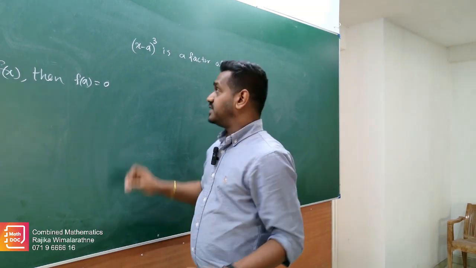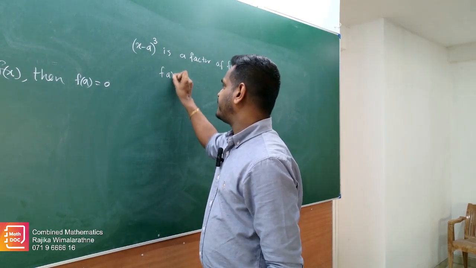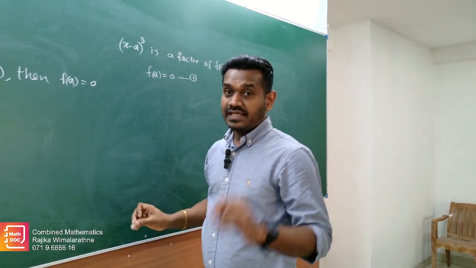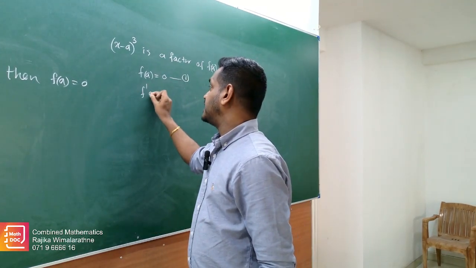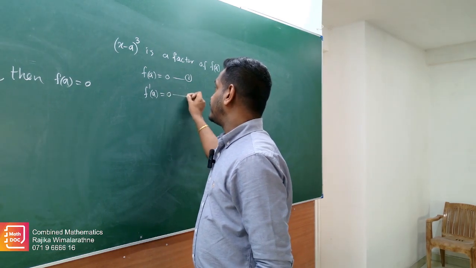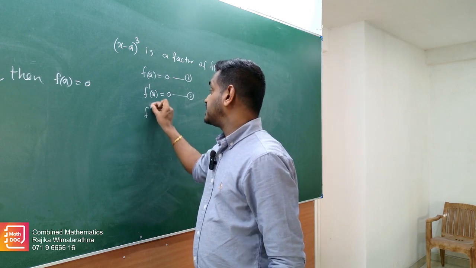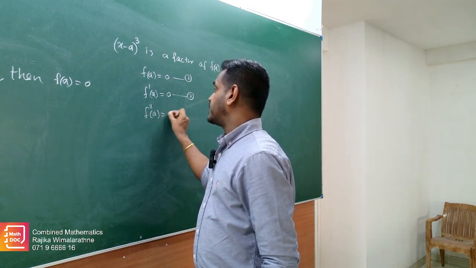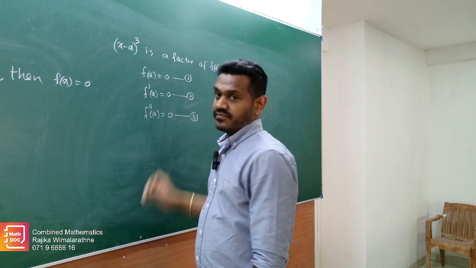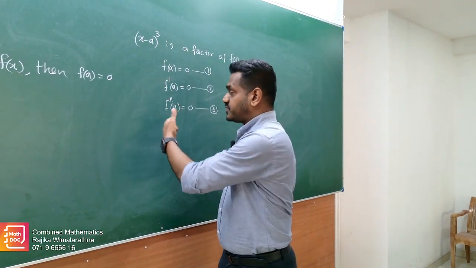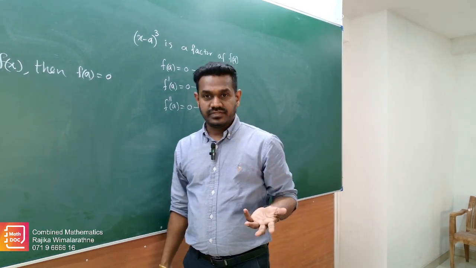Then the application is f(a) is 0, f dash a also 0, and for three times repeated, f double dash a also 0. That means if you substitute x equals a in the second derivative, that value also is 0.